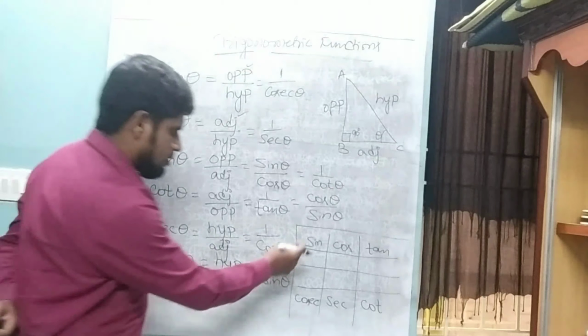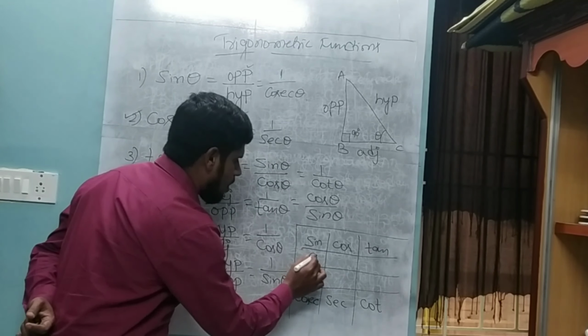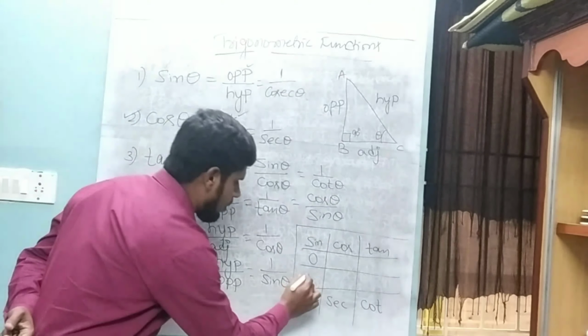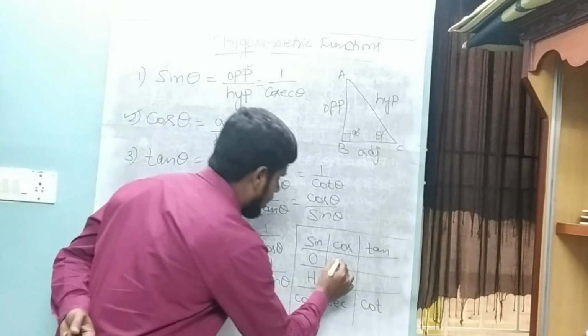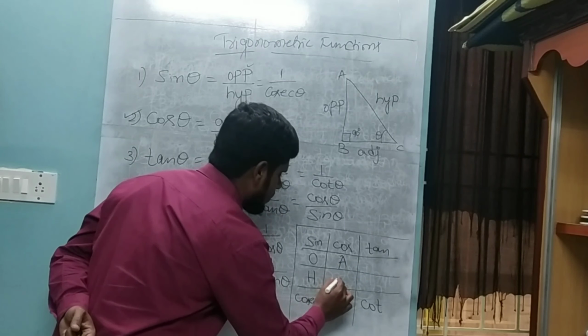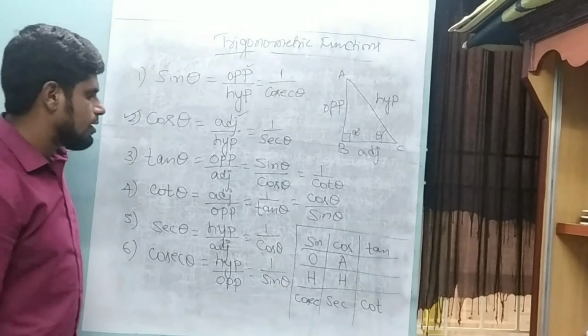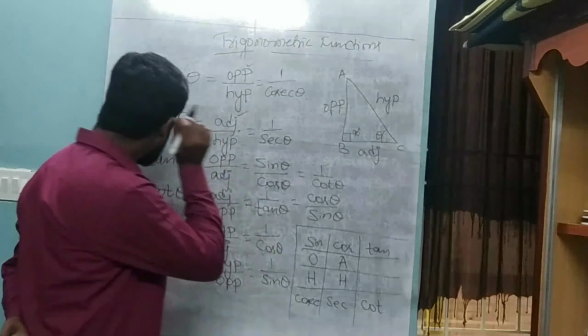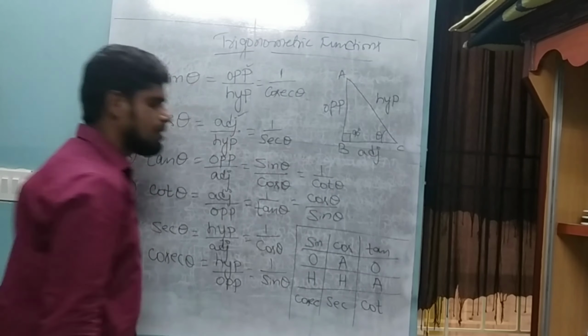So students, sin theta is opposite, O for opposite, H for hypotenuse. Cos is adjacent side, A for adjacent, H for hypotenuse. Capital alphabets I am writing. And tan is opposite side divided by adjacent side.